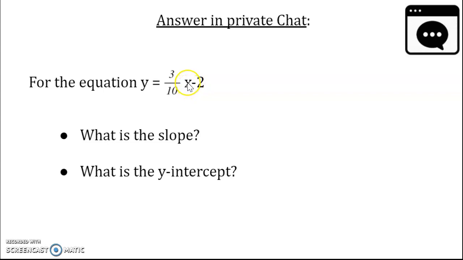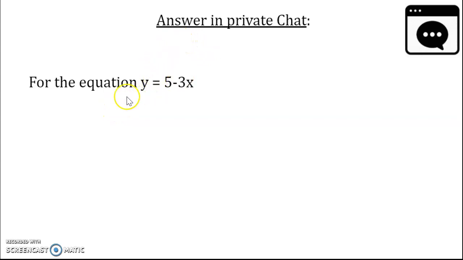The number in front of x is always the slope, and the number without the x is the y-intercept. So the slope is 3 over 10, and the y-intercept is not 2 but negative 2, because that negative sign belongs to the 2. So the y-intercept is negative 2 and the slope is 3 over 10.